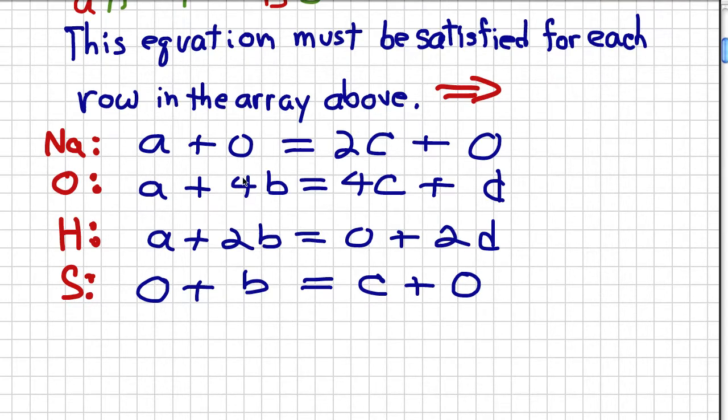Okay, so I now have a system of 4 simultaneous linear equations that must be satisfied by my constants a, b, c, and d, and I need to solve these 4 equations for the constants a, b, c, and d.